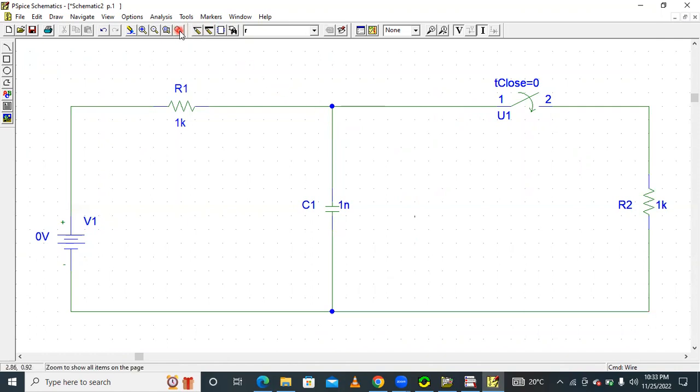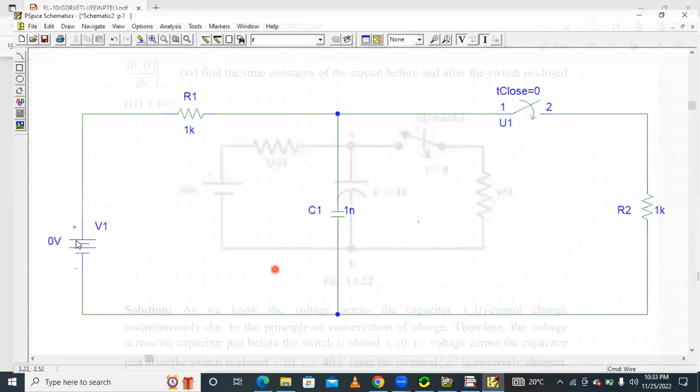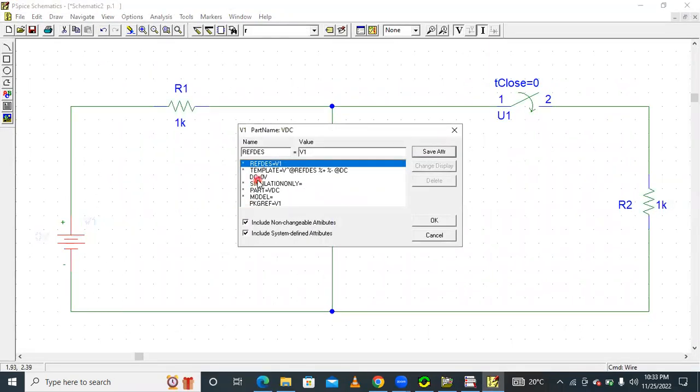Here change the value of the voltage source, the DC voltage is equal to 40.